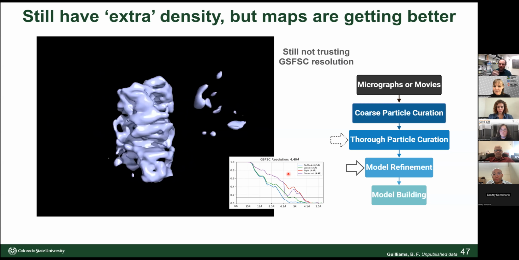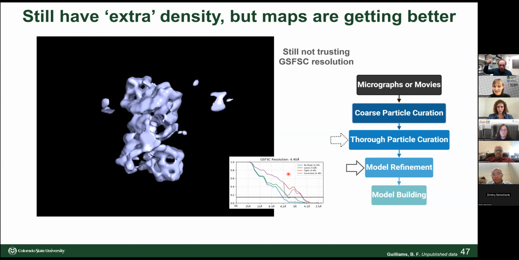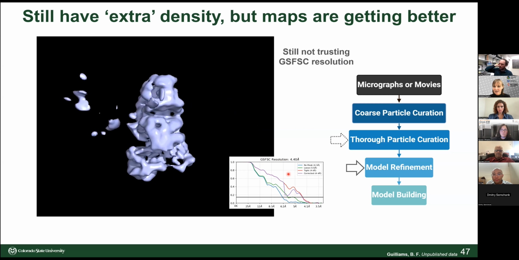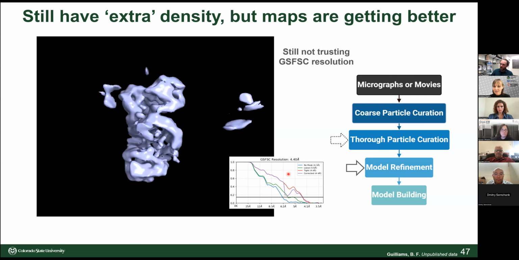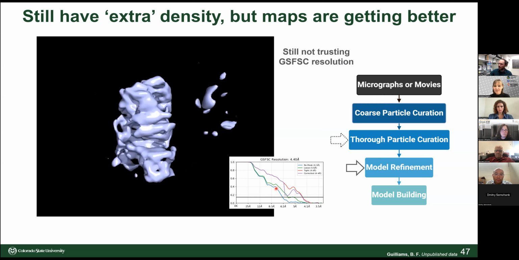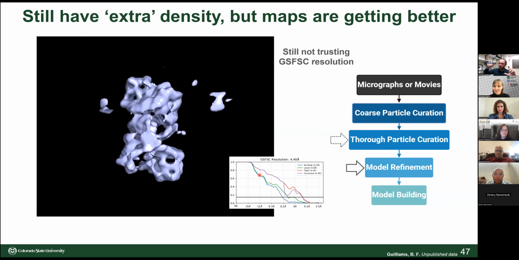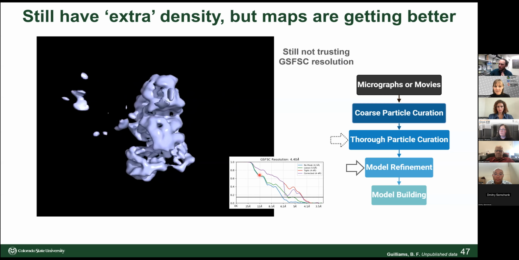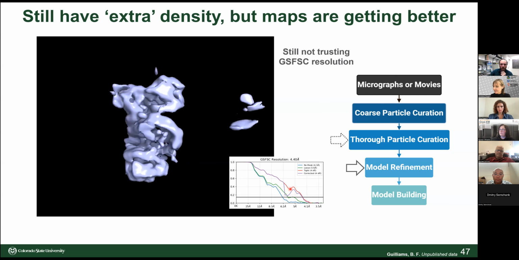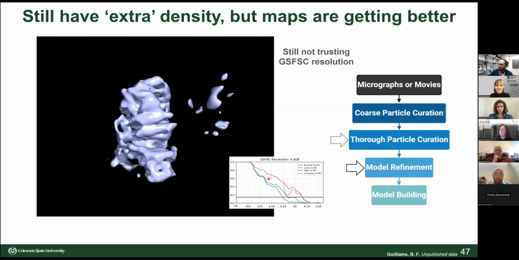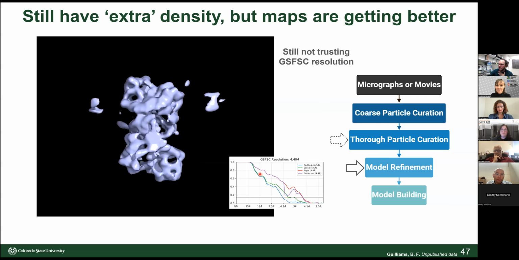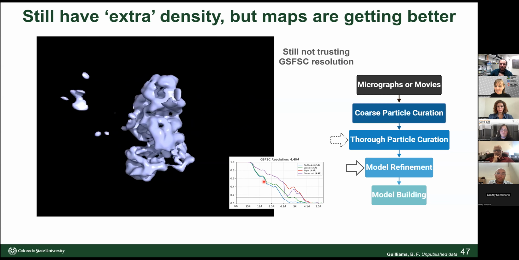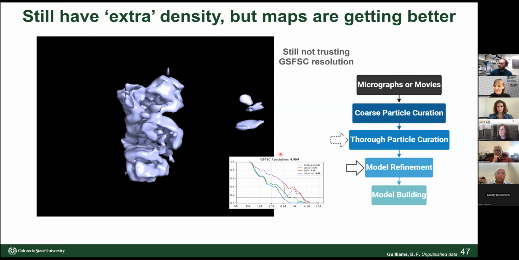One of the pages I was looking at recently was talking about interpreting the FSC curves. I think if there's a problem with the spherical mask it's using to calculate the resolution, sometimes this will bounce up and down.